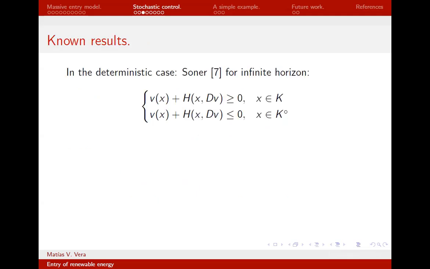In the deterministic case, a Turkish professor called Halil Mete Soner studied and solved it basically. And he got that the value function was the unique viscosity solution of this equation, which is basically the Hamilton-Jacobi-Bellman equation in the interior, because if you're in the interior, this is greater than zero, this is less than zero, and then you get that it equals zero.